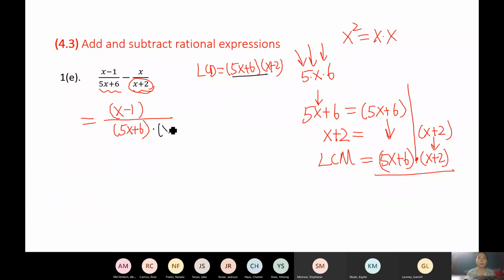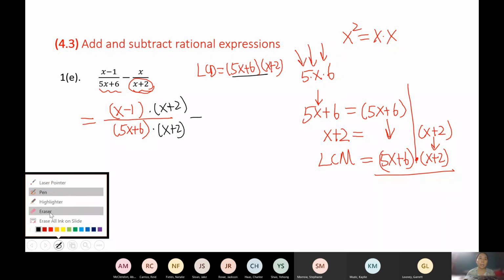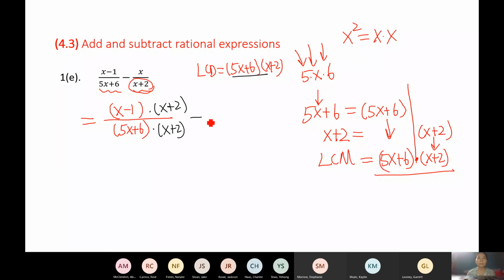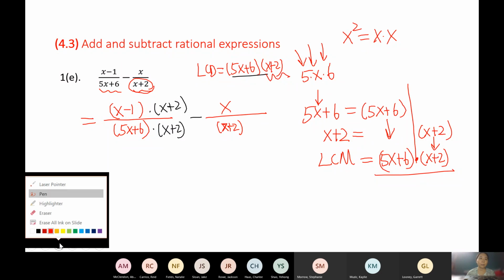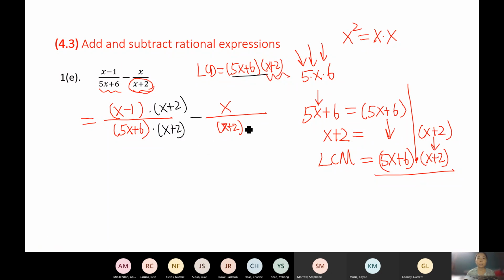I just need another one, so we multiply by x plus 2. In the second fraction, the denominator already has x plus 2. We just need the other one, which is 5x plus 6, so let's multiply both top and bottom by 5x plus 6.